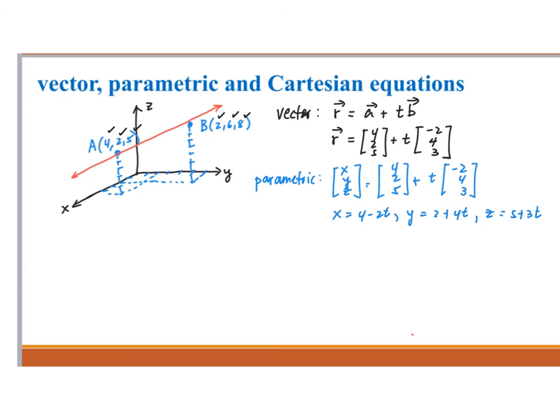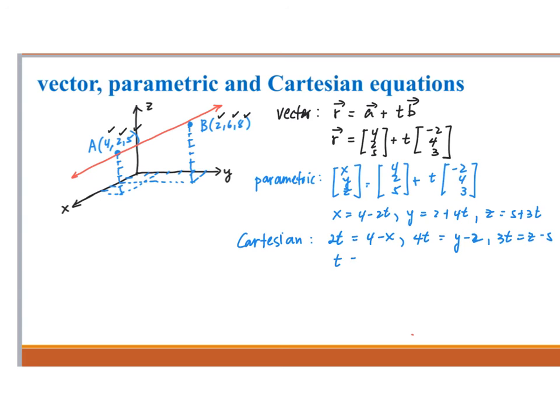For the Cartesian equation, let's express each parametric equation in terms of t and then combine them. So the first one will be 2t is equal to 4 minus x, then 4t is equal to y minus 2, and 3t is equal to z minus 5.